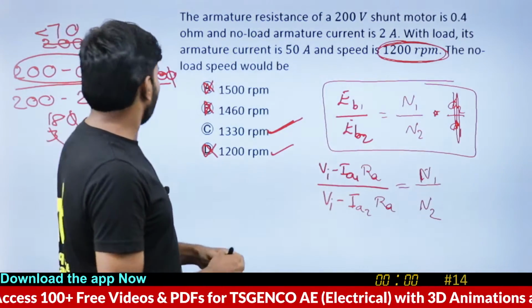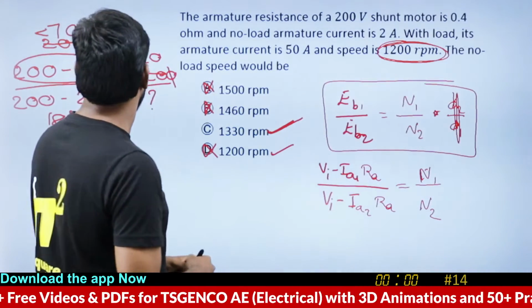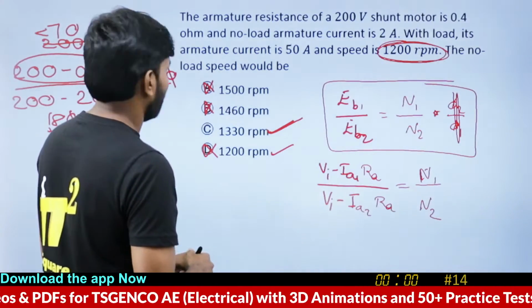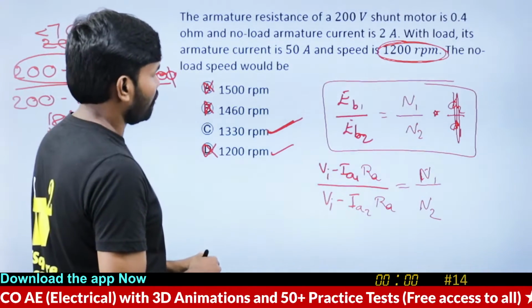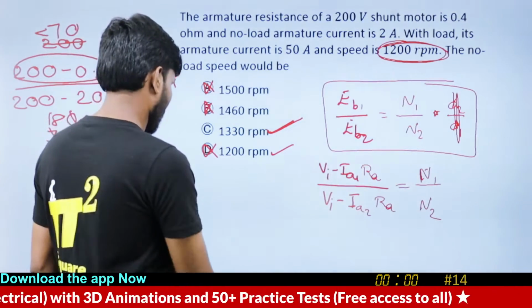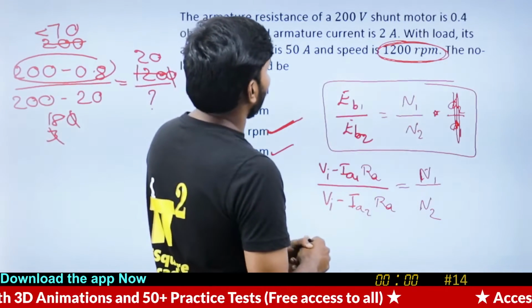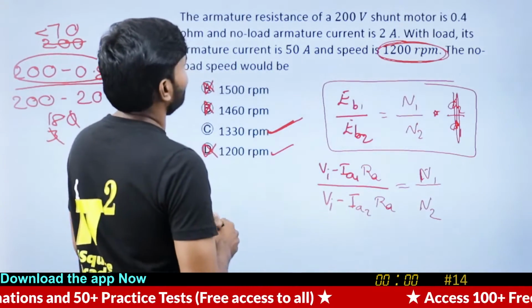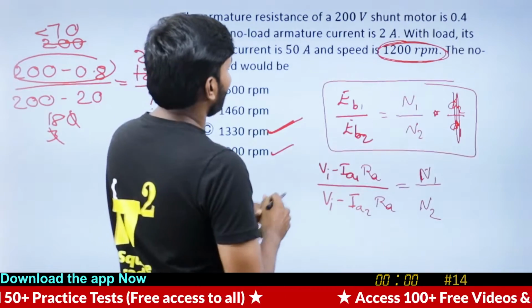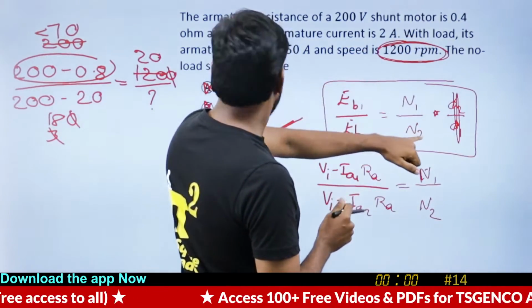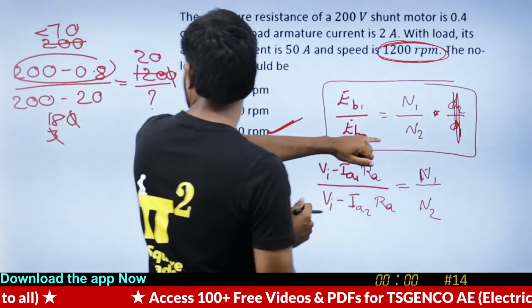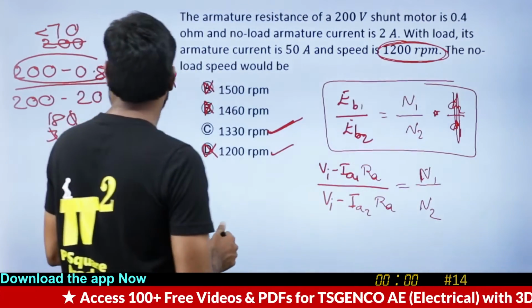Did I take the ratio reverse somewhere? Okay, fine. EB1, then how come I got the right answer there? EB1 is for a shunt motor under no load. Okay, fine, you're right.